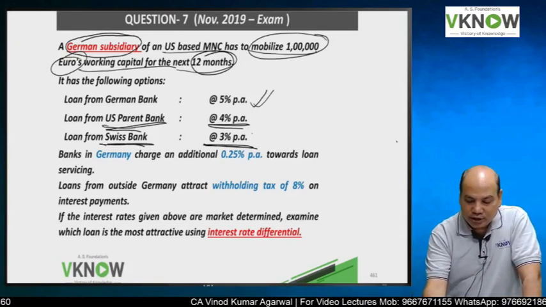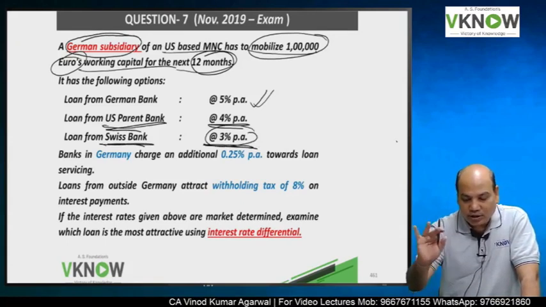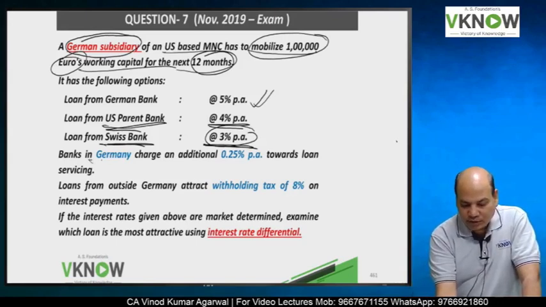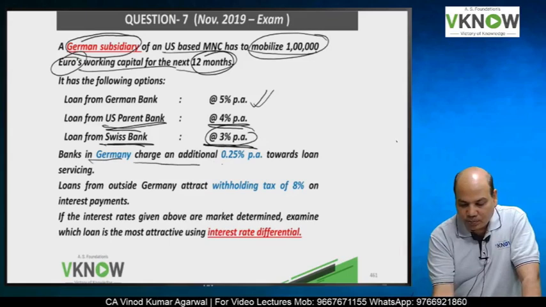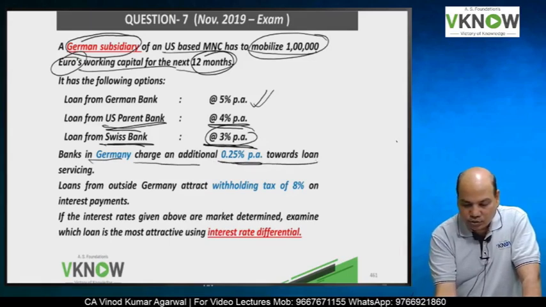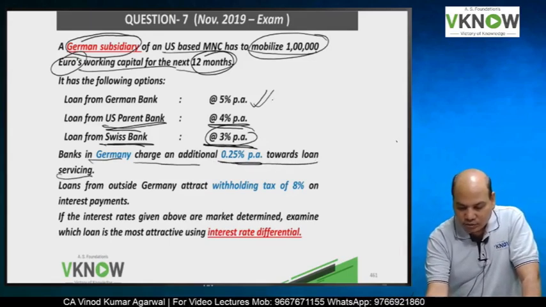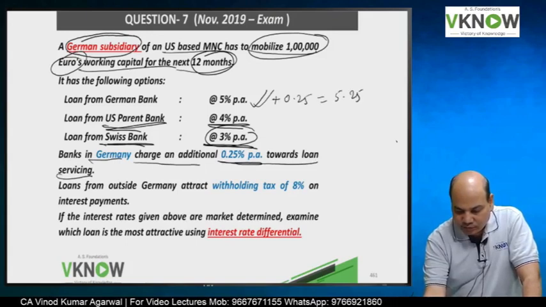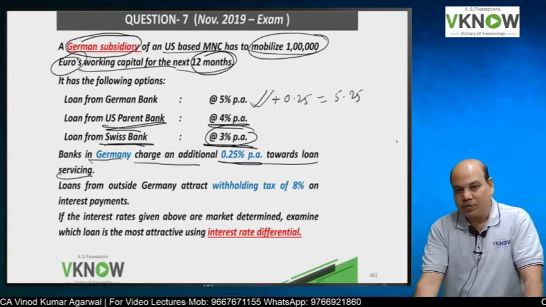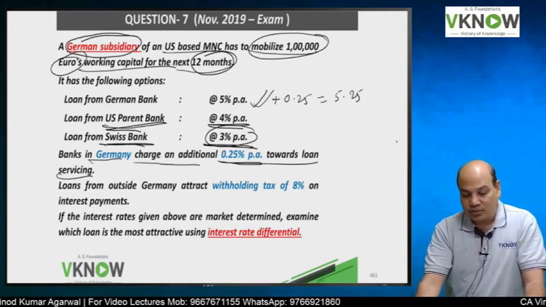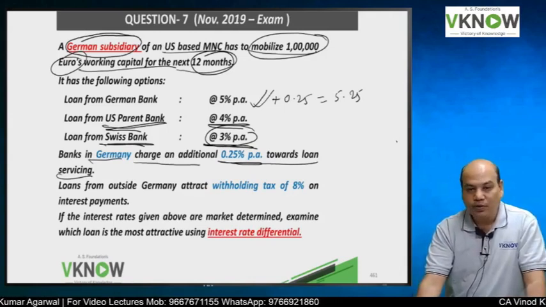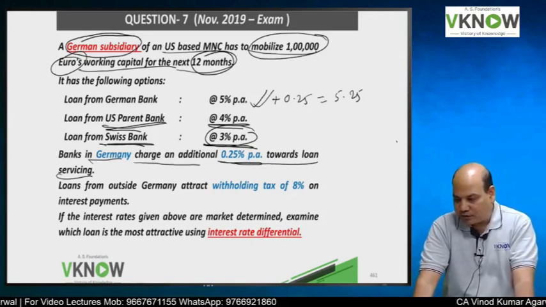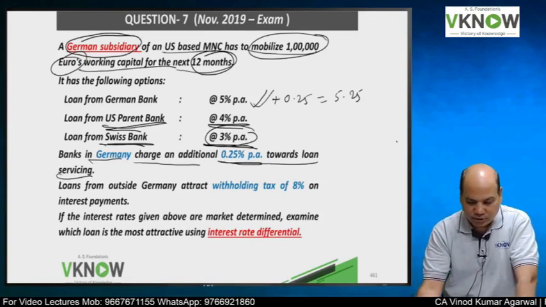So from the rate it appears this is better, but wait, there are other issues involved. Banks in Germany charge an additional 0.25% per annum towards loan servicing. So if you borrow from Germany, it will not be just 5% interest, but the German bank also charges 0.25% for servicing the loan. Whatever is the cost of servicing the loan, they charge 0.25%.